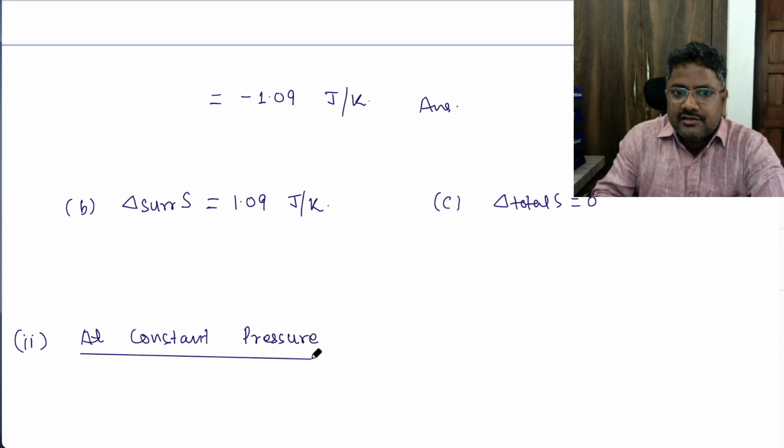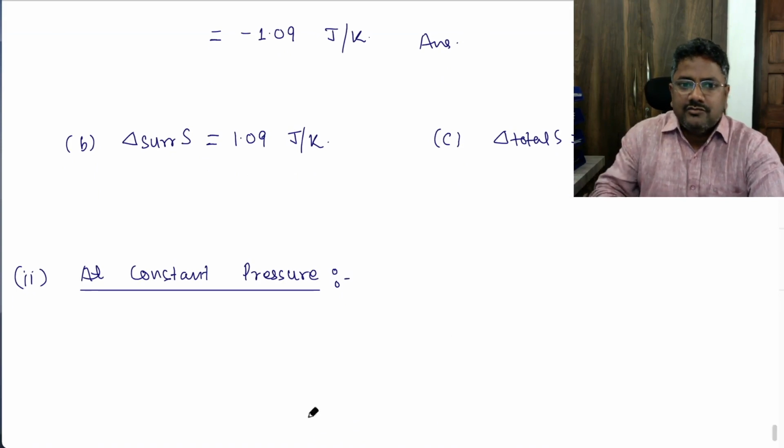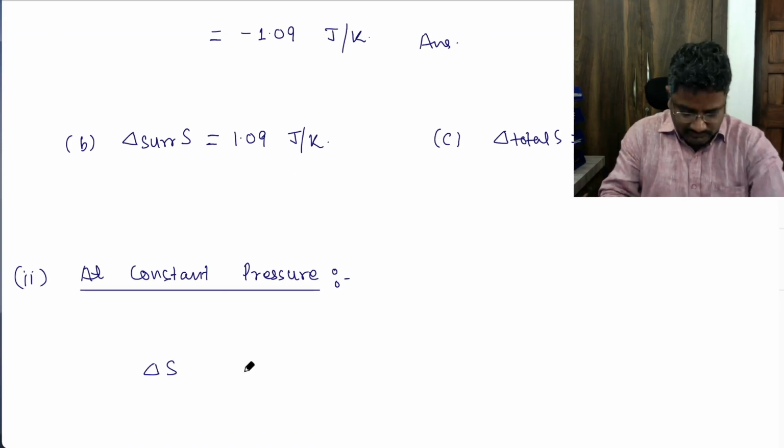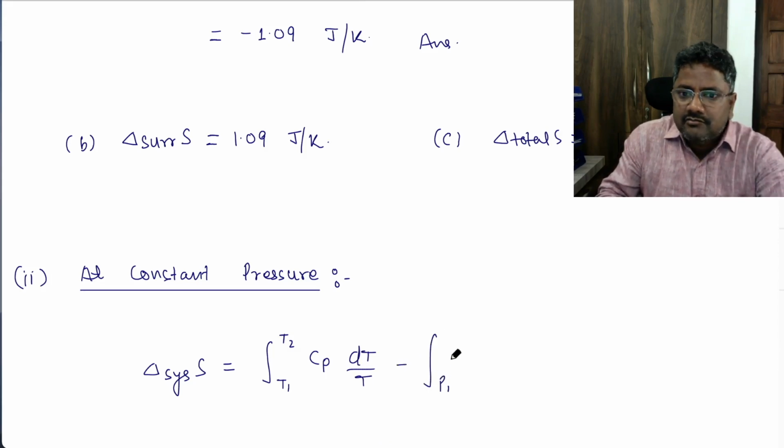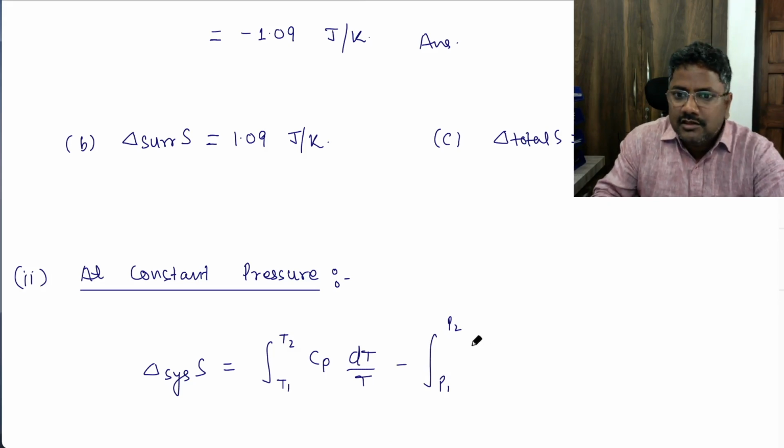So at constant pressure, delta S system is equal to, your formula is, integral T1 to T2 of Cp dT by T, minus integral T1 to T2 of del V by del T at constant P dP, right?